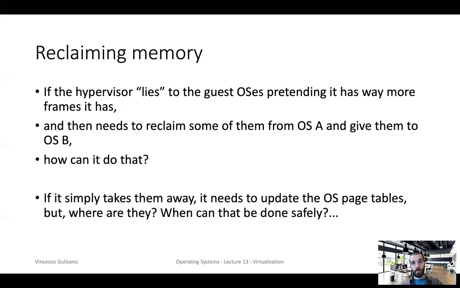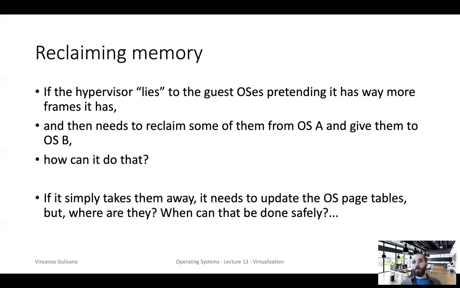You have a hypervisor, and the hypervisor needs to be woken up by the guest operating system. The hypervisor needs frames, but the guest operating system does not need to release frames. So how can we make the hypervisor tell the operating system, look, I need frames because some of them need to be moved to a different guest operating system?